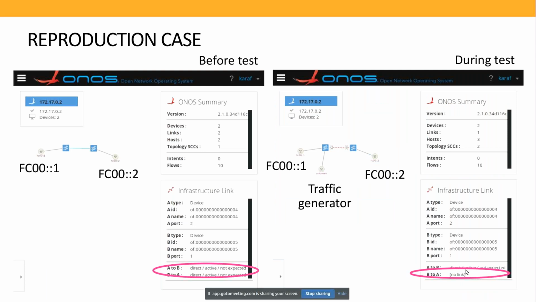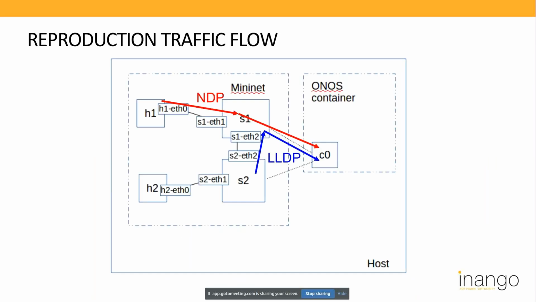So let me describe what actually happens with the link. When we start a flood with neighbor discovery packets, both neighbor discovery packets and link discovery packets go through the same OpenFlow control channel to the ONOS.